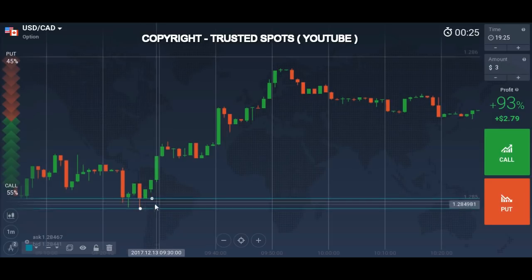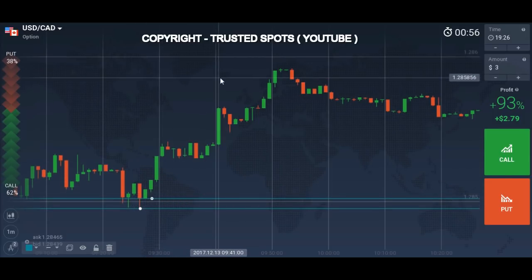We expect that the market will hit the support area and go up again, because this is a buyer's area. A support is a buyer's area and a resistance is a seller's area. This is a support, so it will be a buyer's area. It means as soon as the market hits the level, the buyers who are waiting here will enter the market and make the market go up.